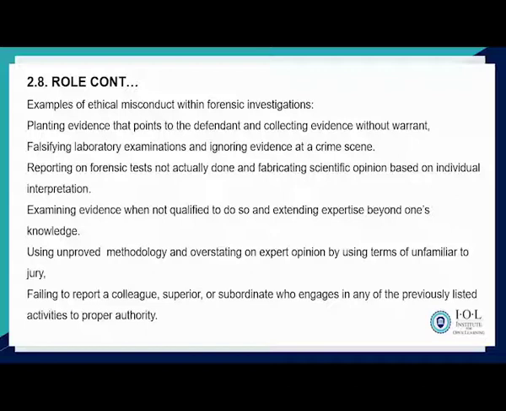Others include examining evidence when not qualified to do so, that is, extending expertise beyond one's knowledge, using unproven methodology, testifying as an expert using terms unfamiliar to the jury, and failing to report a colleague, superior, or subordinate who engages in any of the previously listed activities to the proper authority.